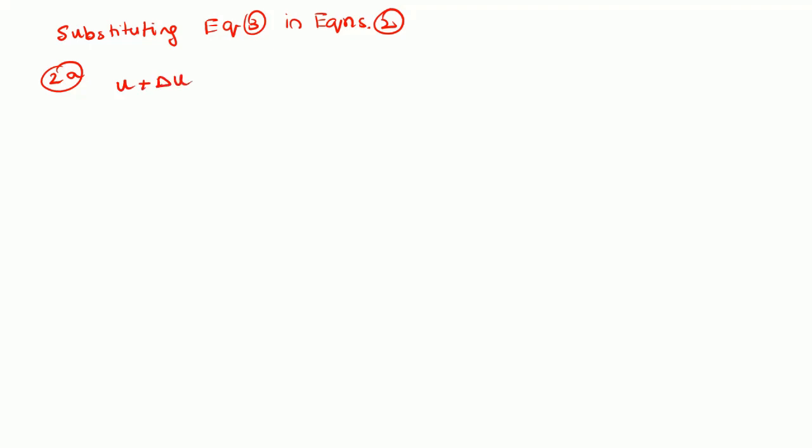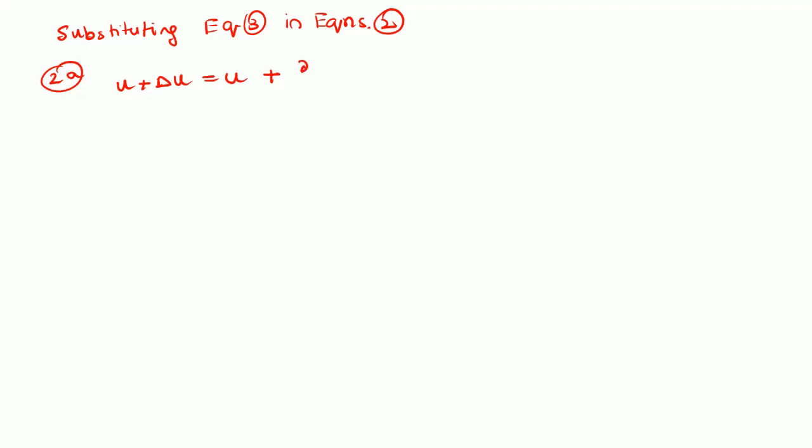So now, substituting equation 3 in equations 2, because there are more than one equation, I can write like this. First we will see 2a, then we will see the other things. In 2a we have u plus delta u, neglecting the higher order terms, equal to u, which is not a constant, it is variable with respect to x, y, z and t.